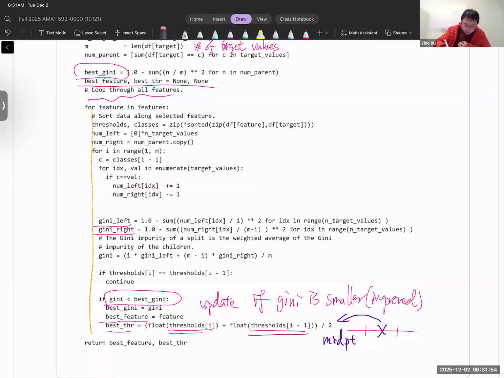Then for the points on the left and the points on the right, that's the Gini values. So the points on the left, the points on the right, these are again the Gini values. There isn't really a lot to say here.